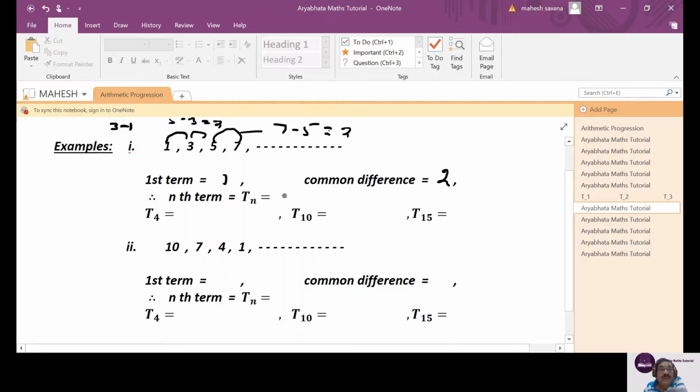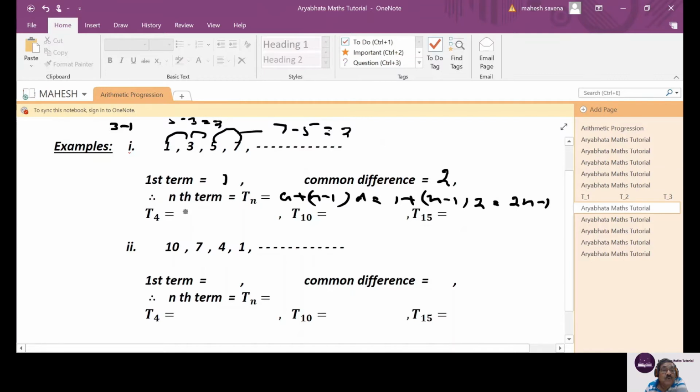Now the nth term will be a plus (n minus 1)d, that is a is 1 plus (n minus 1) times d, which is 2. If we solve this, it will be 2n minus 1. Suppose we want to know the fourth term, we put n equal to 4.